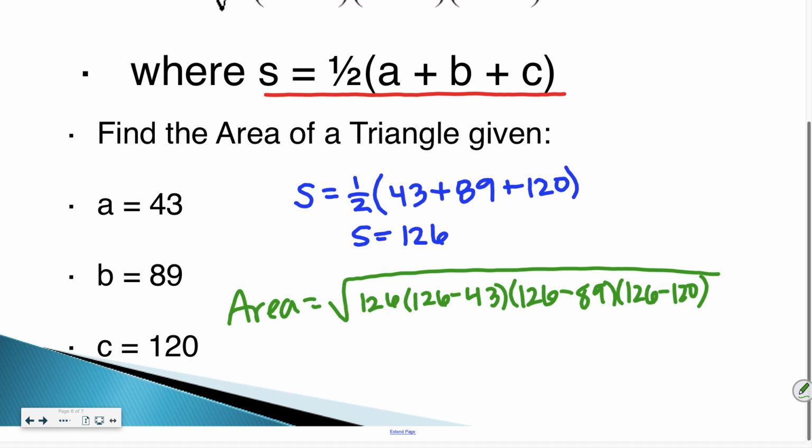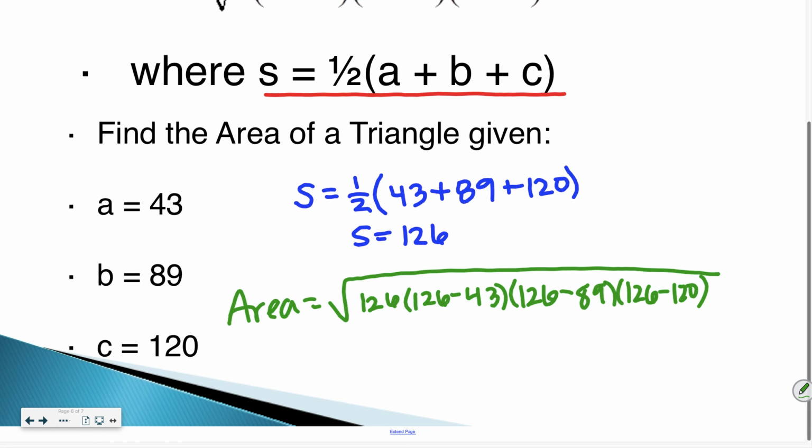Guys, don't spend time actually figuring out what each of these numbers are. Just type it in like you see it. You have parentheses. You have all of those buttons. Just say square root 126, parentheses, 126 minus 120, parentheses, and so on. Don't give yourself an opportunity to make a mistake by trying to do things individually and then typing it in.